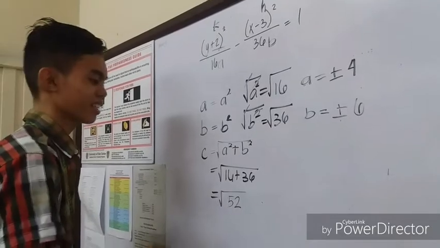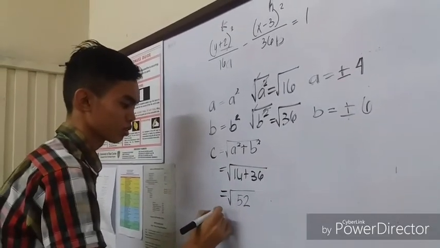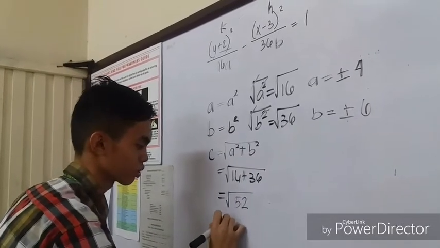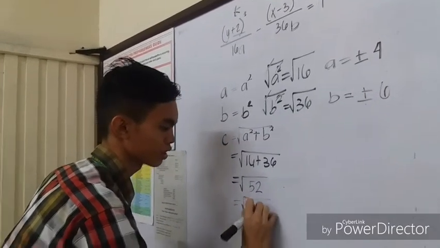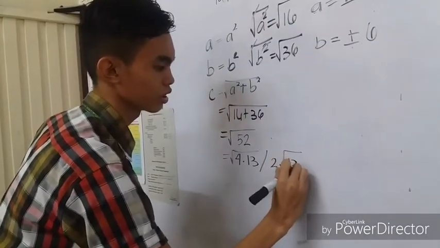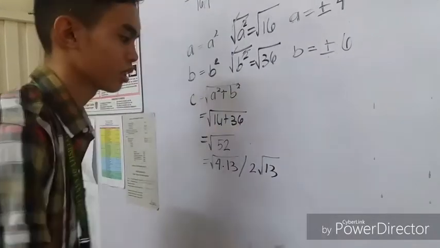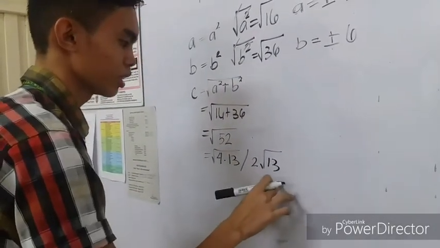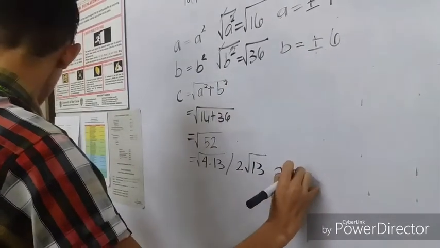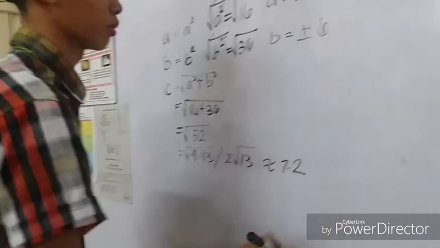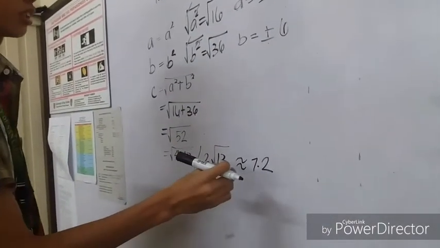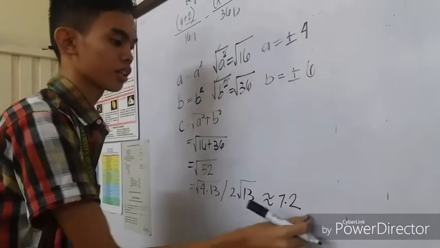Then simplify it again. The square root of 52 is the square root of 4 times 13, or 2 square root of 13, which is approximately equal to 7.2, in which 7.2 is the distance between the center and the foci.